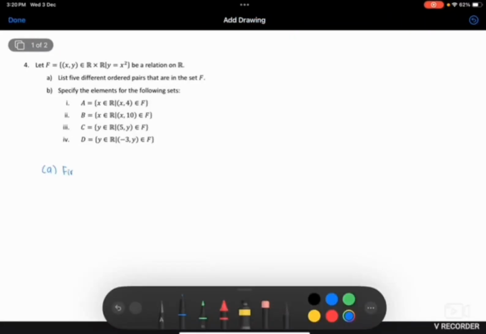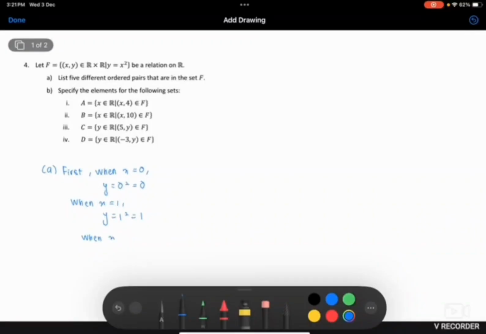First, when x is 0, y equal to 0 square, which equals to 0. When x is 1, y equal to 1 square, which is equal to 1.